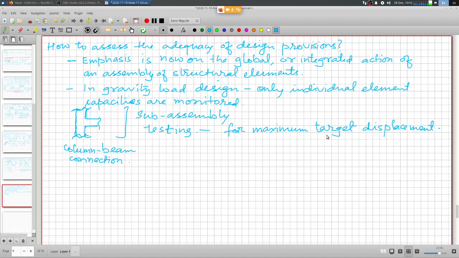Right. So what is done is testing the assembly. Once you come to the campus, you will see the experimental facilities, and then I'll explain how these tests are done.